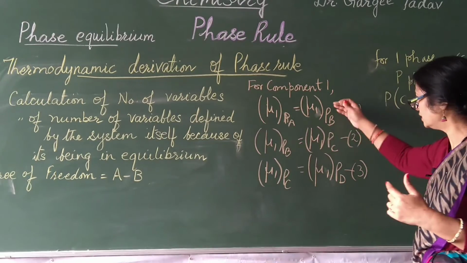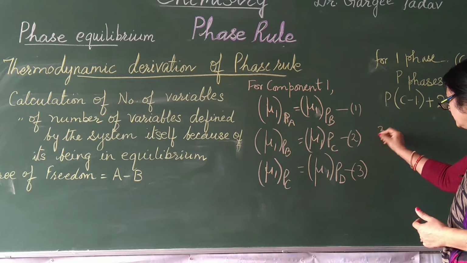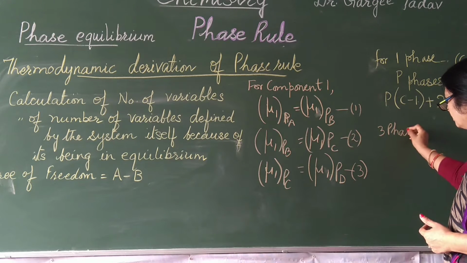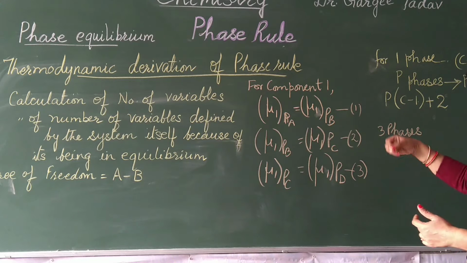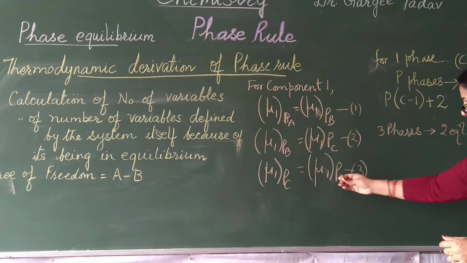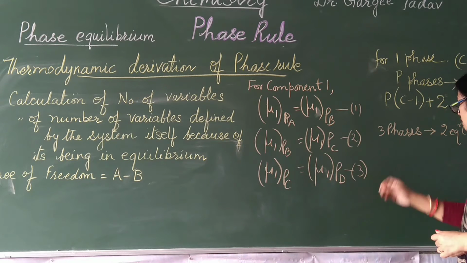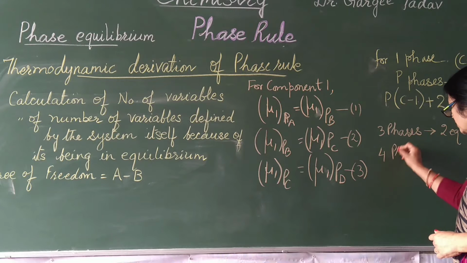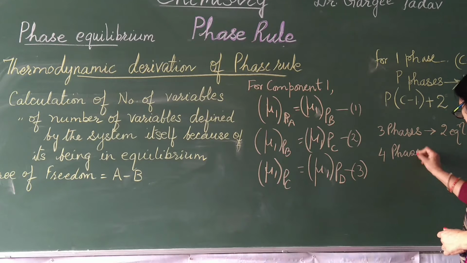When there were three phases, the number of equations used to define that system was two. And now when we are having four phases A, B, C, D, the number of equations being used is three.